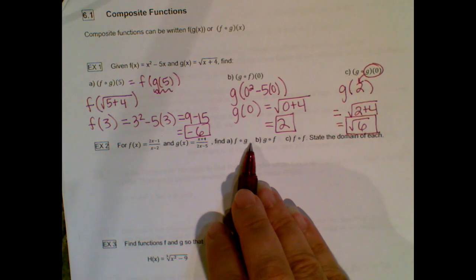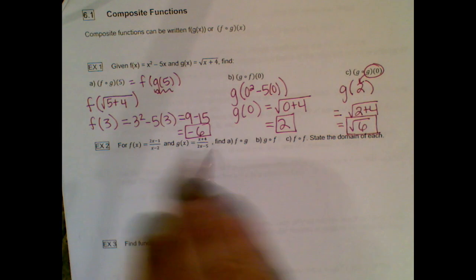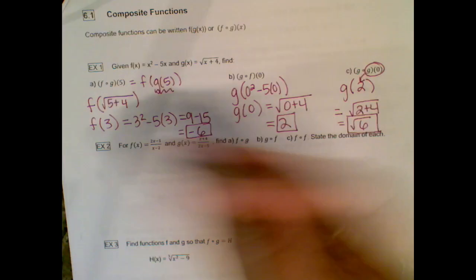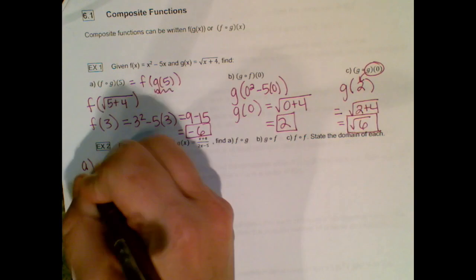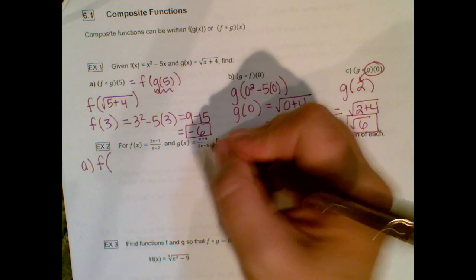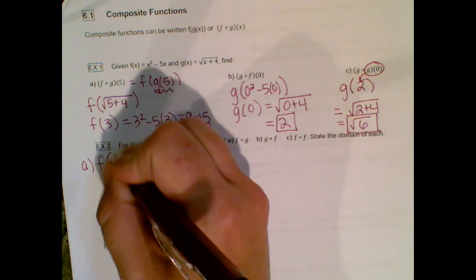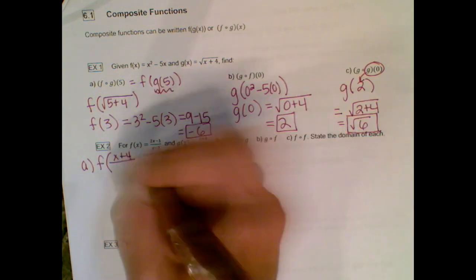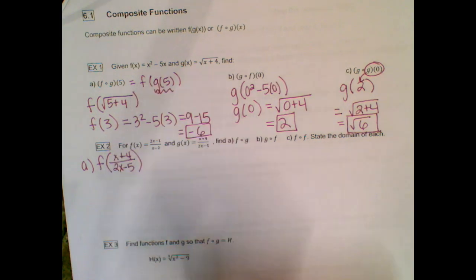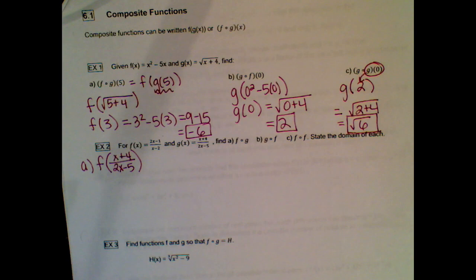So meaning we're just dealing with the actual equation and function rules themselves. So A, f of g means f of, and then I plug in the rule for the function named g, which is x plus 4 over 2x minus 5.